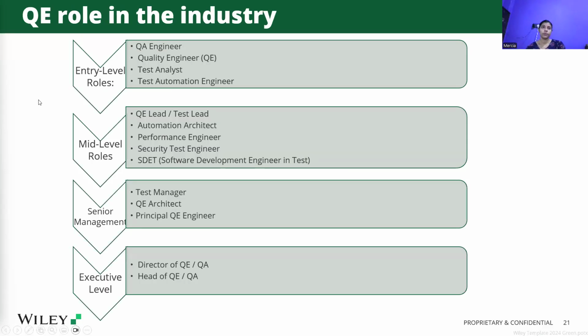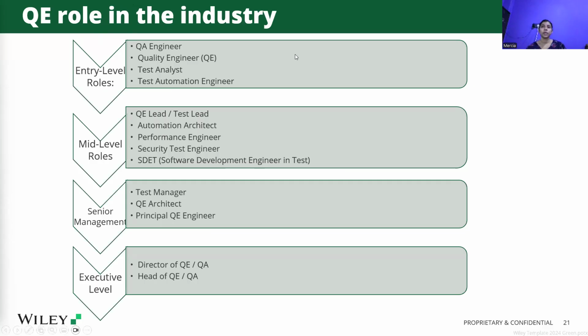Then moving to the latter part of this presentation, it's the QE role in the industry. Likewise, as in software development, the same categories come to the QE role. The entry roles will be intern and then associate.